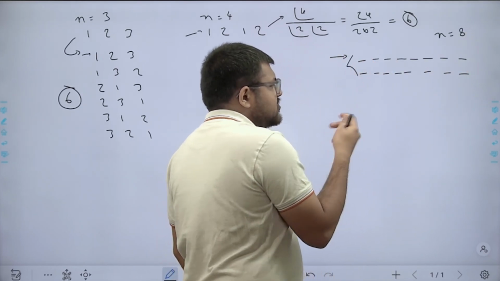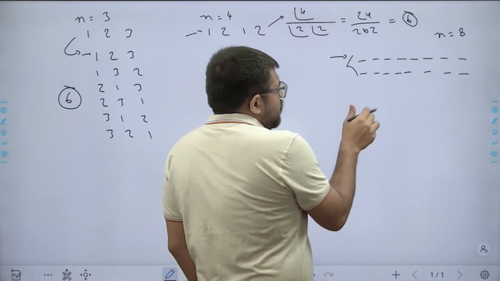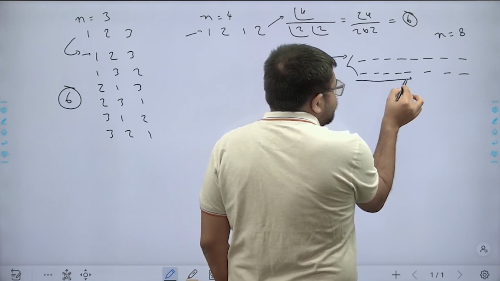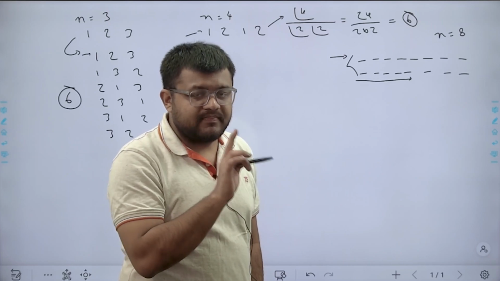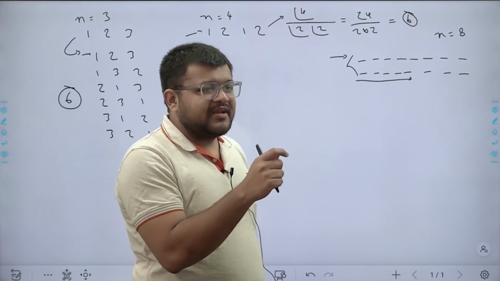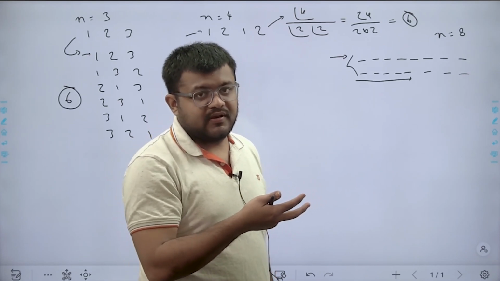I want to compare which permutation is greater. So how can I compare? Basically, we move from left to right, and when we find the first mismatching number, whichever permutation has that number greater will be the greater permutation.